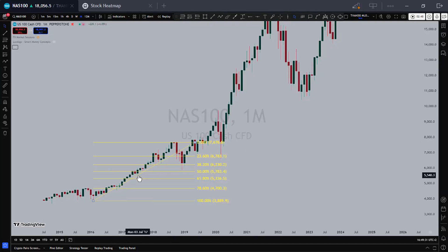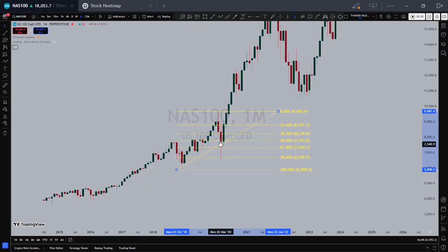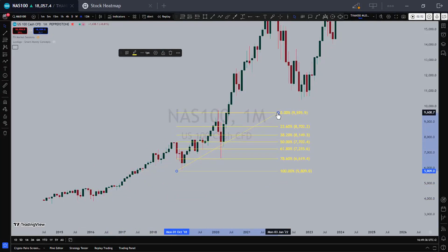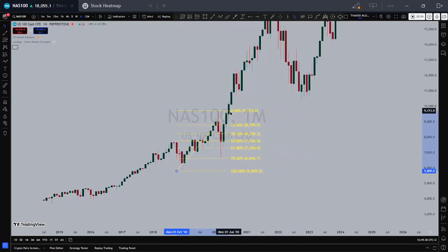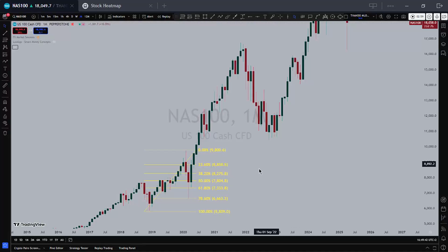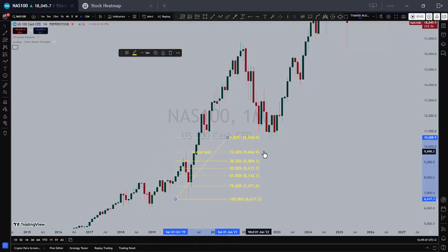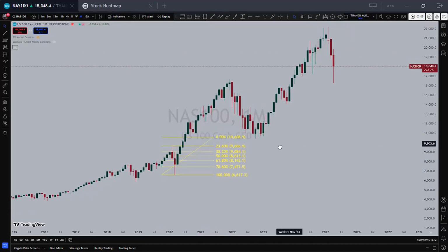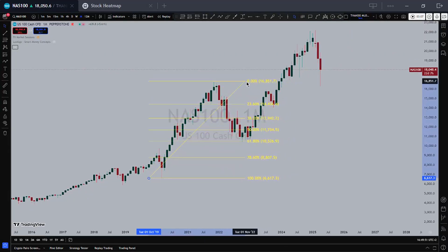And then we take the same fib, we put it right over here in this area, and we see that the market reversed in the 78.6 area. And then we take this low, because that was the previous low where the market had reversed, and we place it on this high, the 61.8.